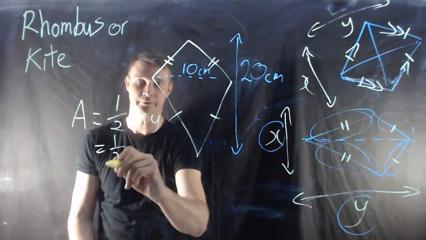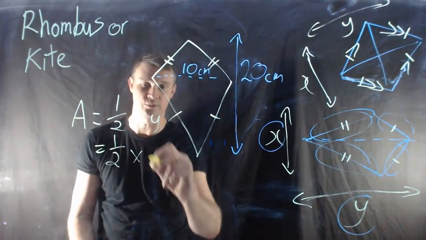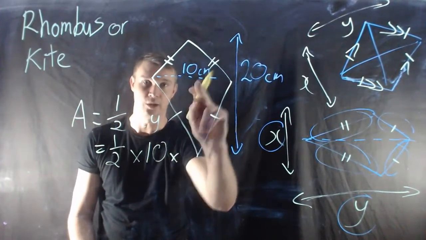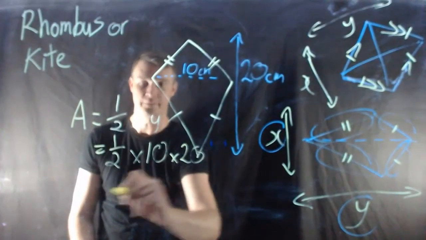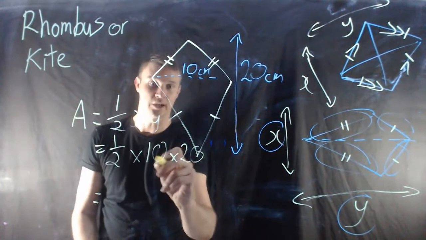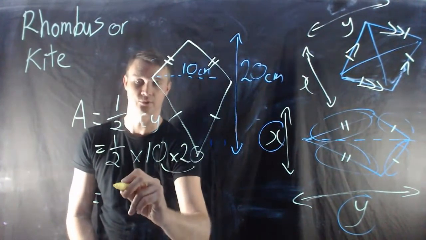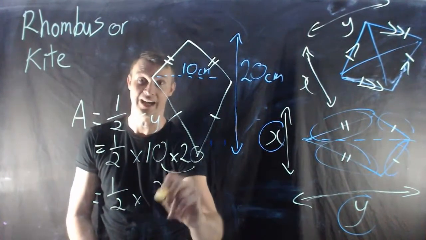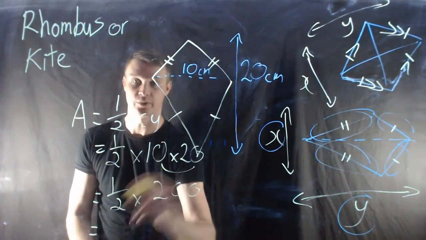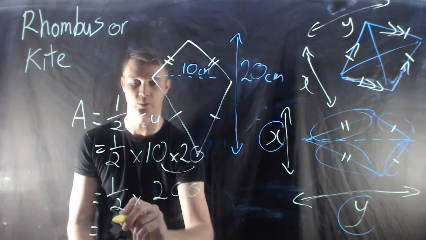So we have half times X, which we'll say is 10, times Y, which is 20. So we know that 10 times 20 equals 200. So we're finding half of 200, which is simple enough, which we know is 100.